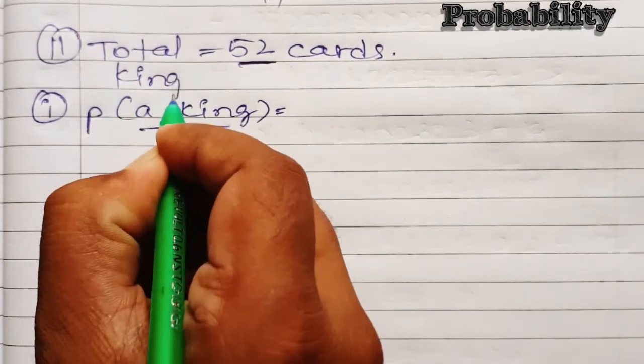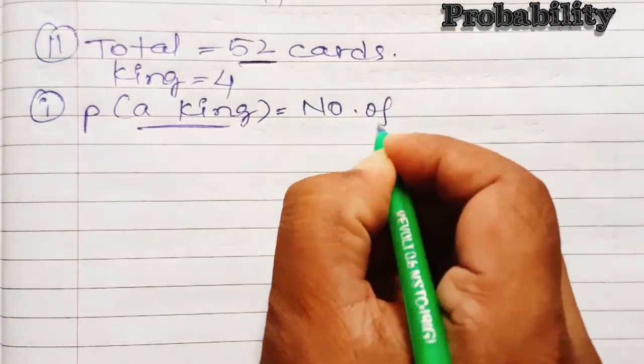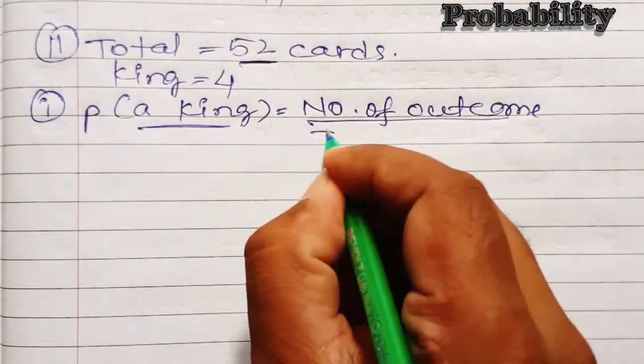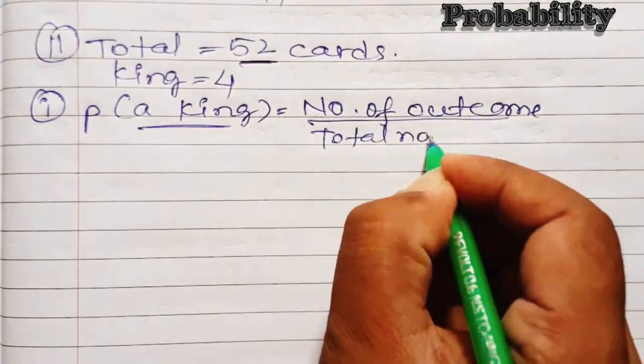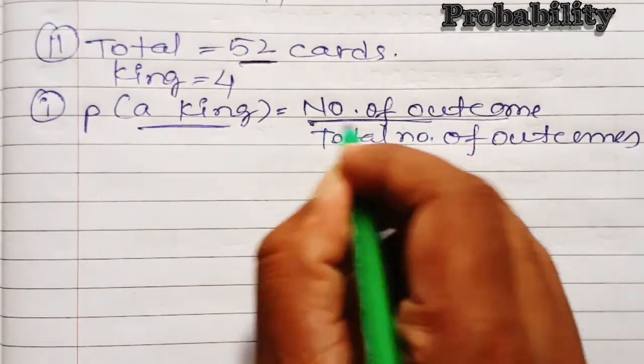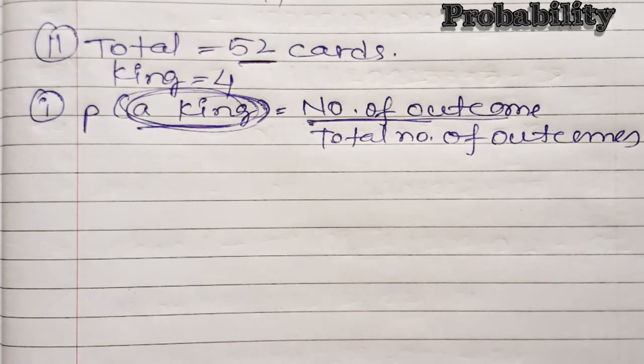So 4 kings will be there. Okay, so what will be the probability? Number of outcomes divided by total number of outcomes. Okay, now according to that, what will be the number of outcomes? Always see the values which are written in the bracket. It means जो question में दिया हुआ है उसमें से outcome find करो and then you place it.